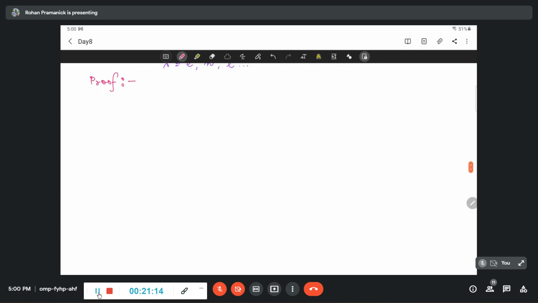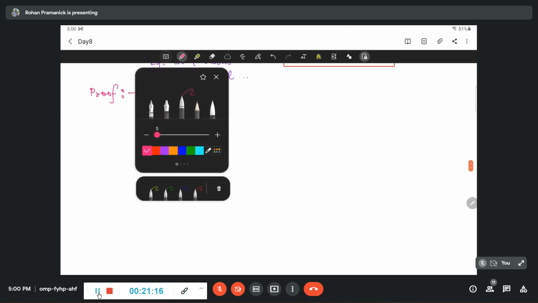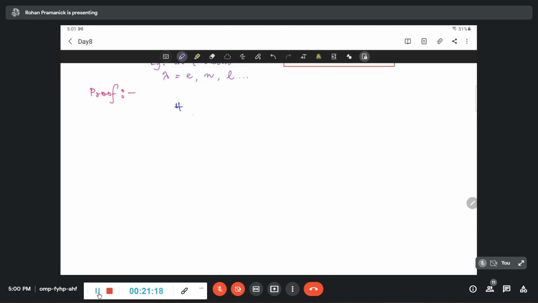You start with the usual Schrodinger equation, H psi n equals En psi n, and let's explicitly write the lambdas, otherwise we will not be able to do any kind of differentiation.